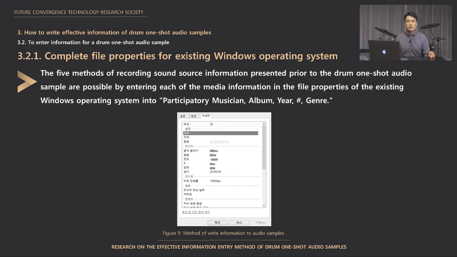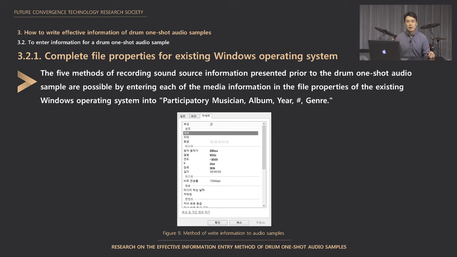It provides information for participating musicians by recording duration in millisecond units, peak energy frequency in the album in hertz units, difference in overtones sound pressure to peak energy frequency sound pressure in decibel units for the year, sharpness in semitone units for the shop, tapping sound, and transient shape in percent units for the genre.